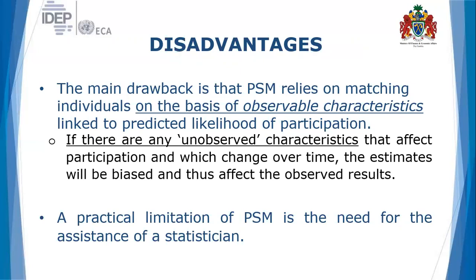If there are any unobserved characteristics that affect participation and which change over time, the estimates will be biased, and that will affect the observed results. So in circumstances where you have unobserved characteristics, other factors that can affect participation in the program, propensity score matching may generate biased estimates of the observed results.